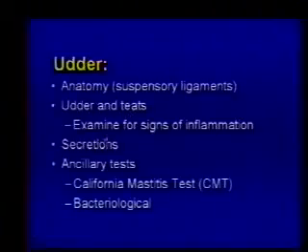We want to examine the base of the udder and the teats for signs of inflammation, any reddening, swelling, pain, firmness. Those are signs of inflammation in the udder, which are characteristics of mastitis or infection of the udder.